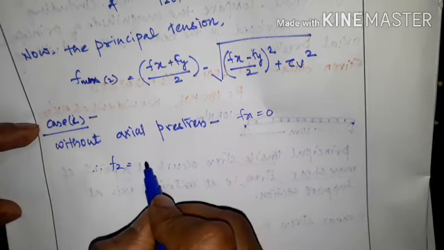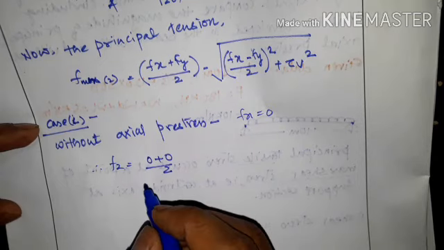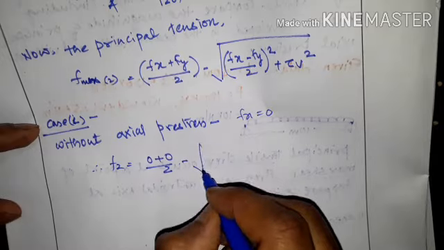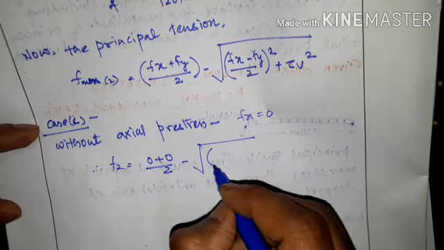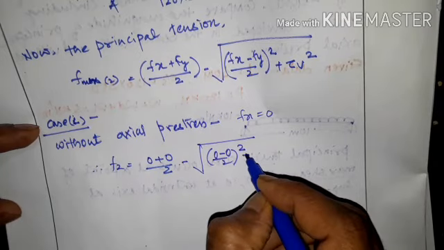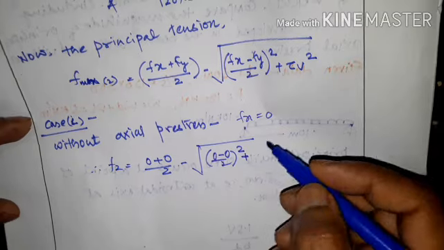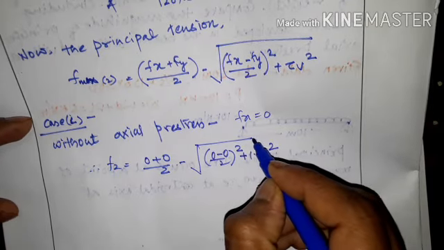So Fx plus Fy, 0 plus 0, divided by 2, minus the square root of (0 minus 0 divided by 2) square plus tau v square, where tau v is 1.04 square.